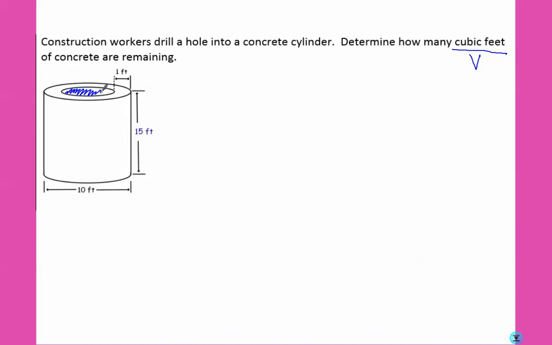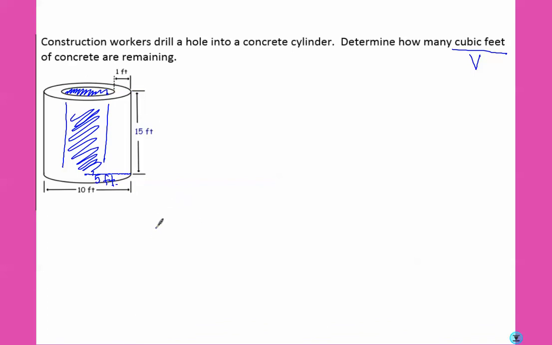We want to get rid of this, and this goes all the way through the inside of this. Here's our hole. That part is gone in the middle. Since this is 10 feet all the way across, we know that the radius would be 5 feet. It's 15 feet tall, and then there's 1 foot in between the hole and the edge.